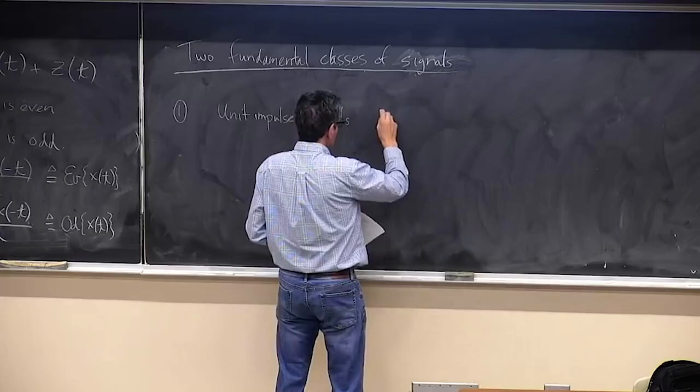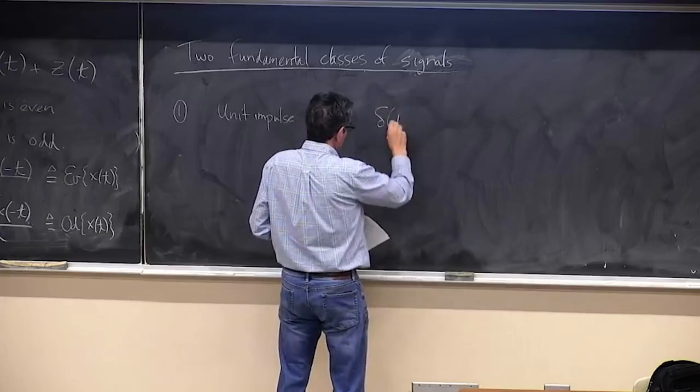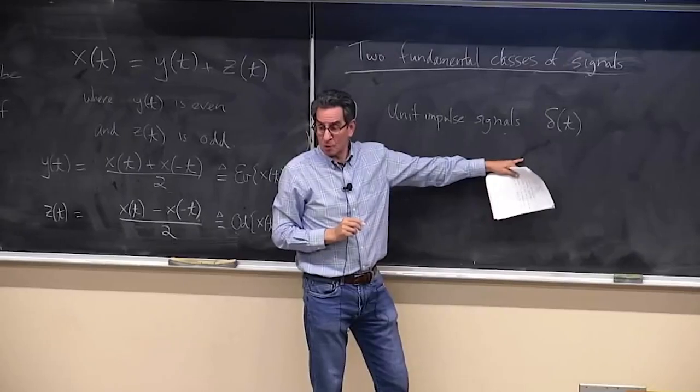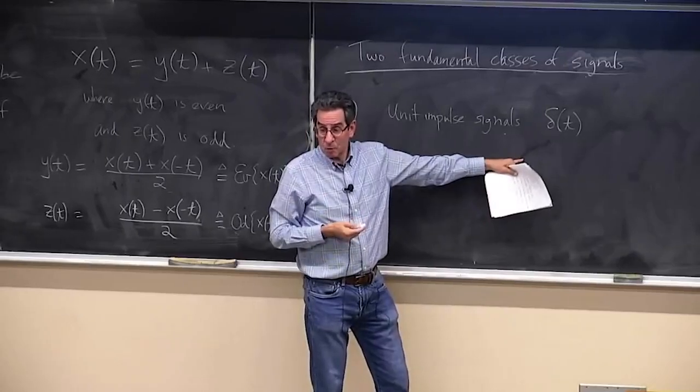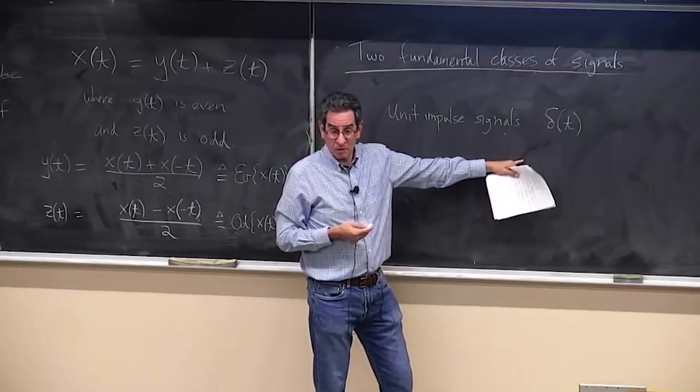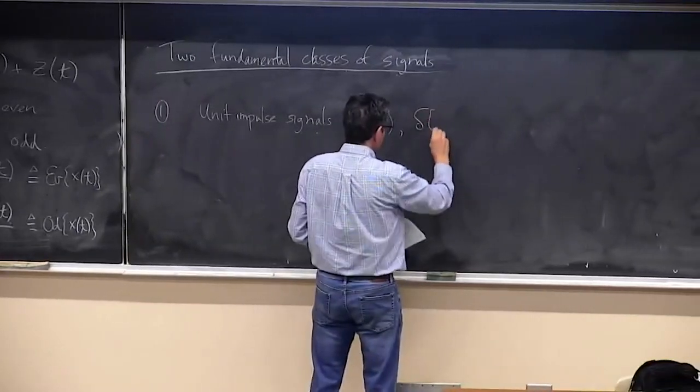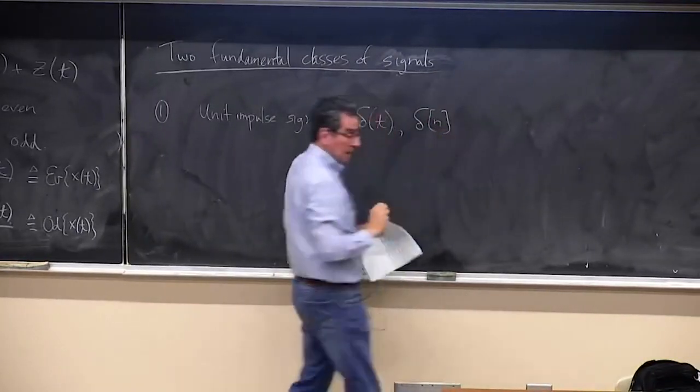In continuous time, it'll be denoted by delta of t. You might be familiar with the Dirac delta function from some of your other courses. And in discrete time, you may not have seen it, there'll be an analogous delta of n.